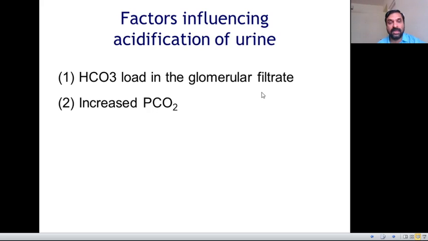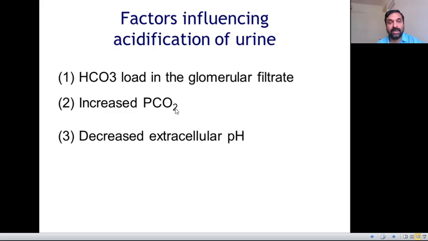And increased PCO2, that is hypoventilation, the partial pressure of carbon dioxide will be more. As a result, more bicarbonate is reabsorbed in order to overcome respiratory acidosis. Decreased extracellular pH. So what happens if extracellular pH is decreased? That means acidosis. Okay, so more H plus is secreted.